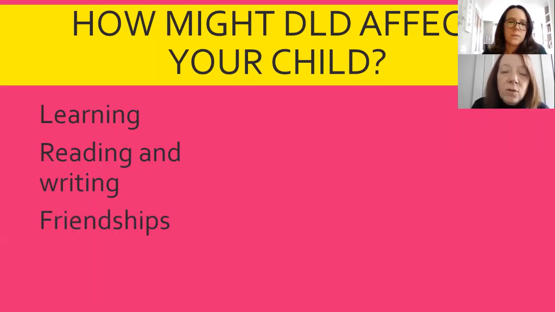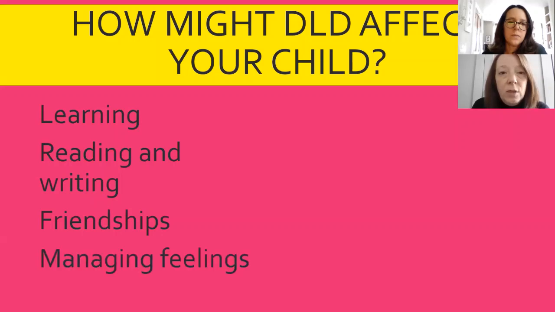It may affect your child's ability to make and keep friends, to know how to start a conversation and what to say if there's an argument or there's a problem. How can they use words to put that right? And also, your child may find it hard to use words to say how they're feeling and what's made them feel that way.